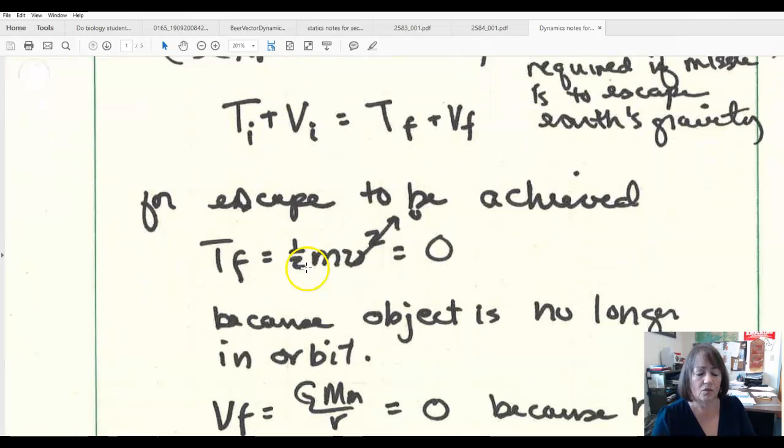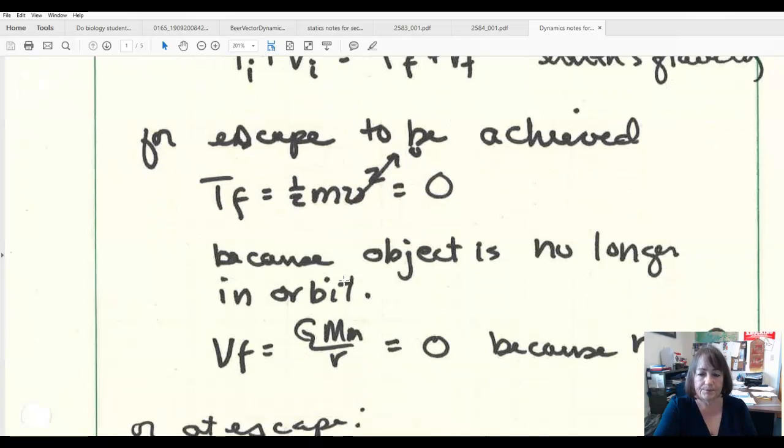Now, what happens if you think about it as escaping orbit? You have a body that flies into the atmosphere, and then instead of being pulled back into orbit, it just flies off. So from the point of view of the orbit, the potential and kinetic energy of that trajectory are actually zero, because it is not subjected to the Earth's gravity, and that object will go off into space without being influenced by the Earth at all.